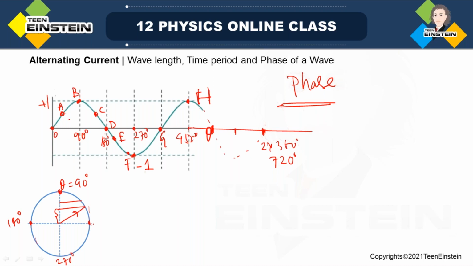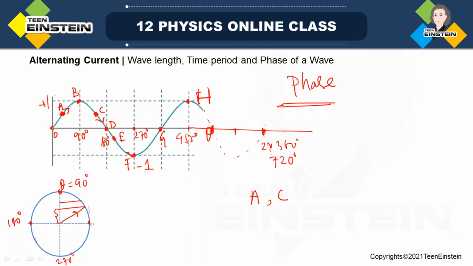Now we have to say, are this A and this C in the same phase? No, these are not in the same phase, because at A the signal is increasing, going up, but at C the signal is going down. So they are not in the same phase.